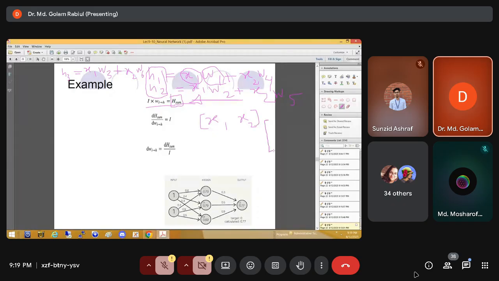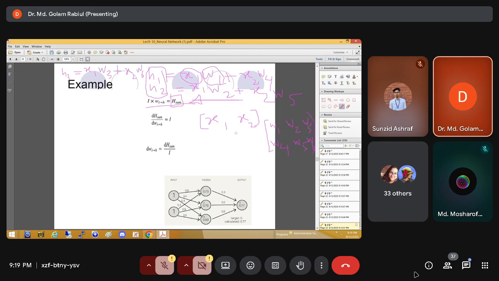Our W vector for the first one is W1 and then W4. It's like this: W1, W2, W3, and then W4, W5, and W6.